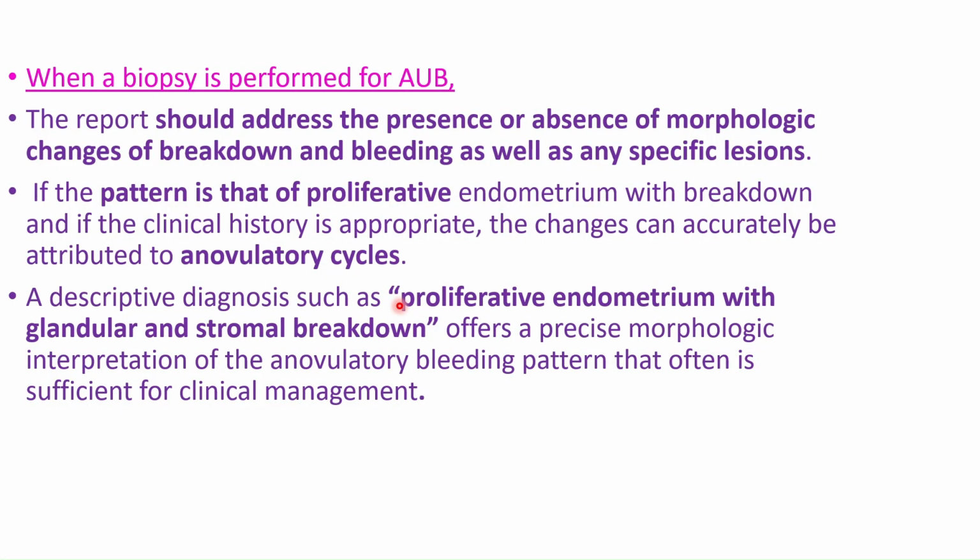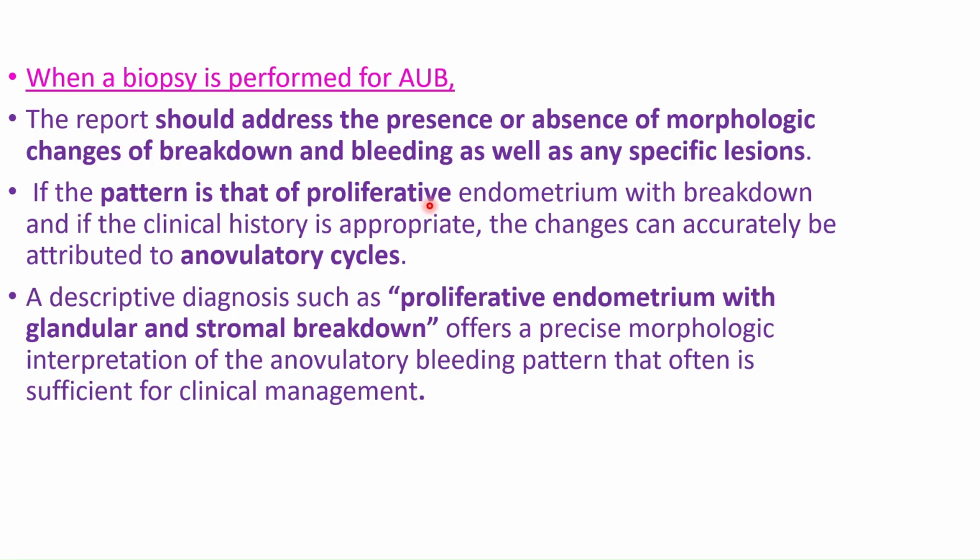Now we have discussed estrogen-related and progesterone-related ovulatory and abnormal uterine bleeding. So what will you write when you see these types of changes? The report should address the presence or absence of morphological changes of breakdown and bleeding, as well as any specific lesions if present.